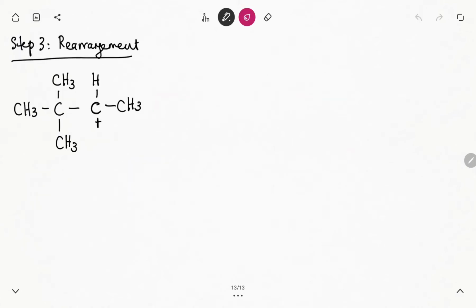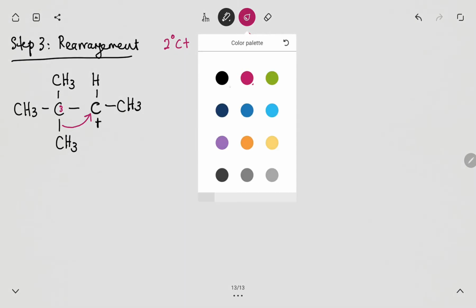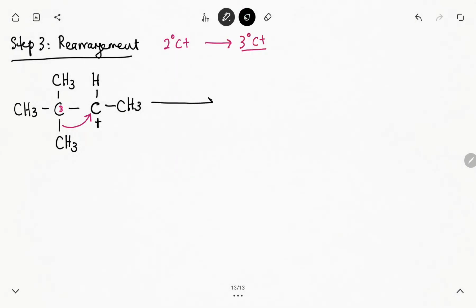In this rearrangement step, we change a secondary carbocation to a tertiary carbocation, because tertiary is the most stable carbocation. At carbon number 3 we just have a methyl group. So the bonding pair including the methyl group must shift directly toward the secondary carbon, and the product can be formed at this stage.